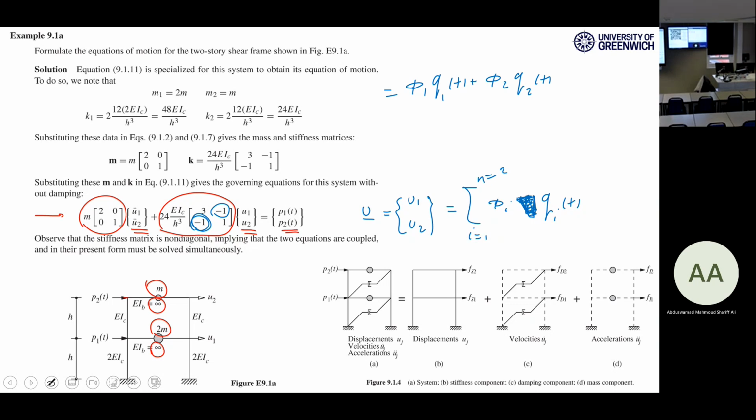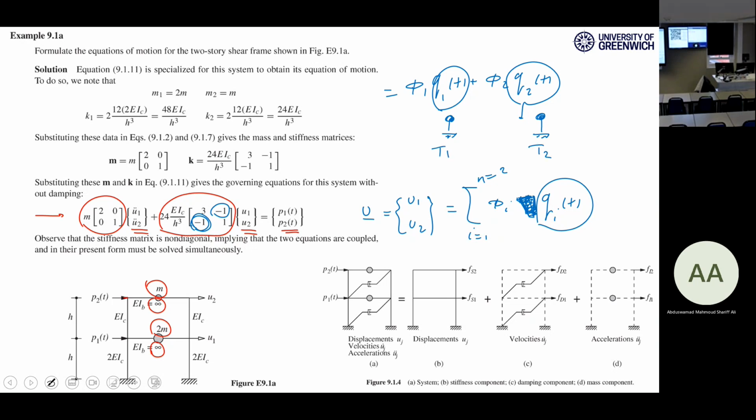Each represents exactly a single degree of freedom system, and this term comes from the single degree of freedom system. So, for example, this is one single degree of freedom system, this is another single degree of freedom system, this is like T1, this is like T2.